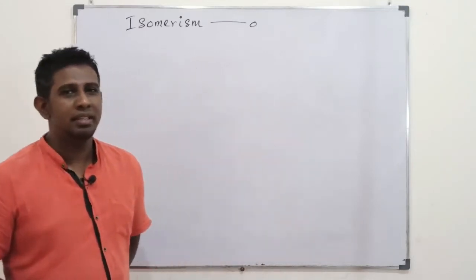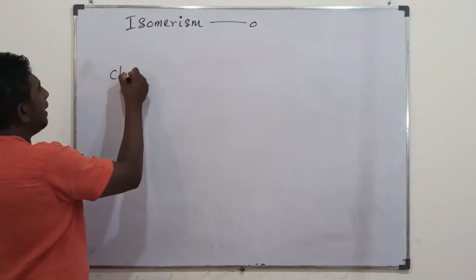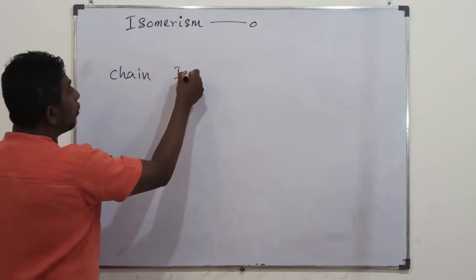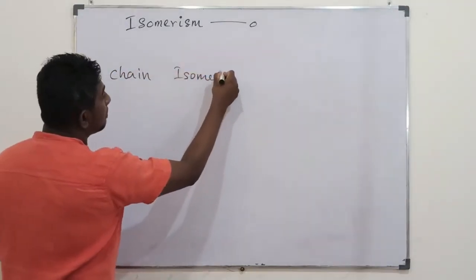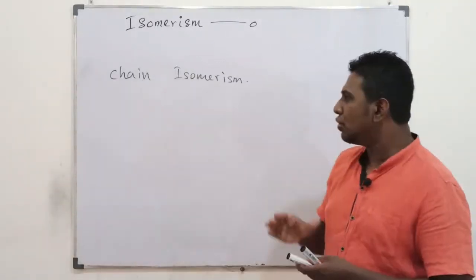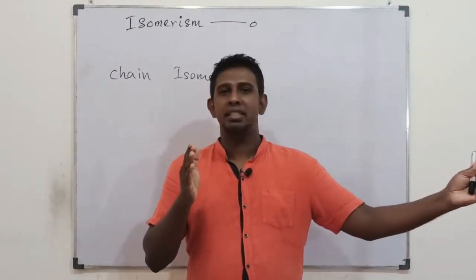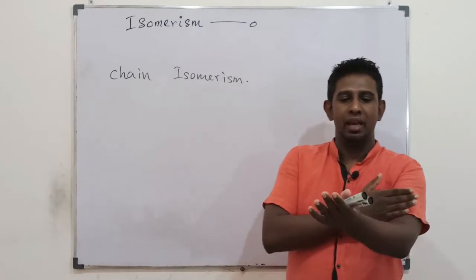One is called chain isomerism. Let's find that out first. What is chain isomerism? Students, you have a main carbon chain within an organic compound.